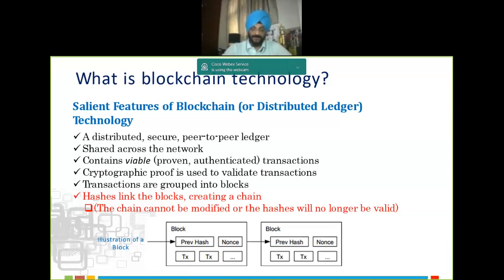Those transactions make a single block, and then it's connected to the next block. What is linking one block and another? The hash, which creates the chain. These chains cannot be modified, or the hashes will no longer be valid. So if you try to change it, you cannot change anything.